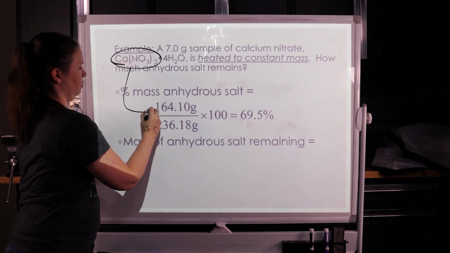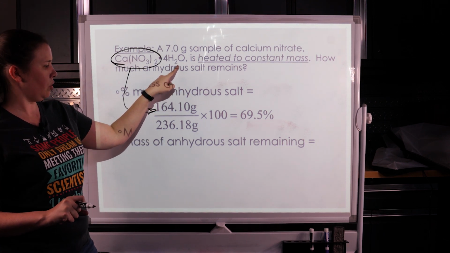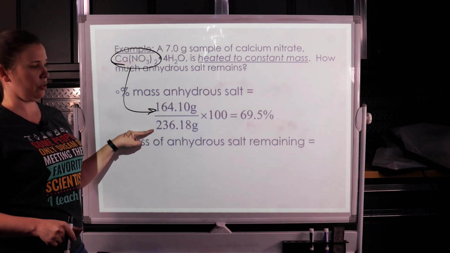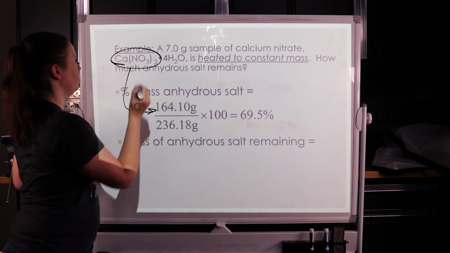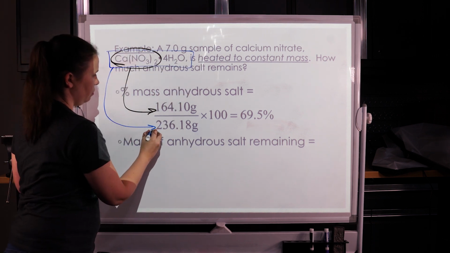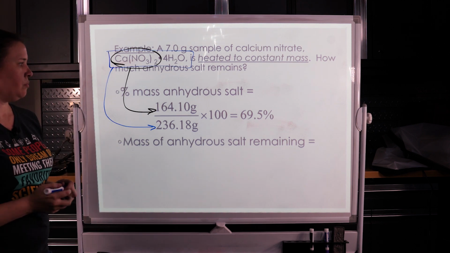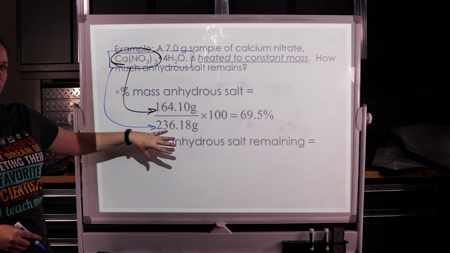164.1. Then if you also included the molar mass of the 4 waters, you would get 236.18. So this would be the entire hydrate then, 236.18 grams. So that's going to give you the percentage of anhydrate for the entire compound.